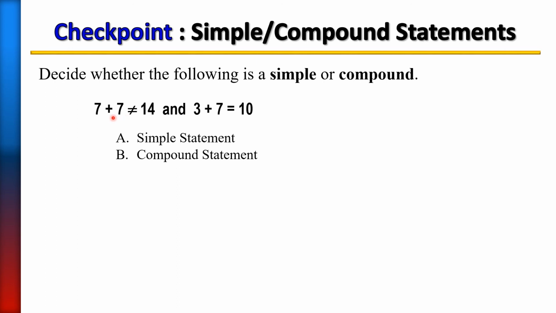This statement is saying that 7 plus 7 is not 14. But it doesn't matter that it's false. When you have a sentence that is either true or false, it's a statement. So yes, that's a statement.